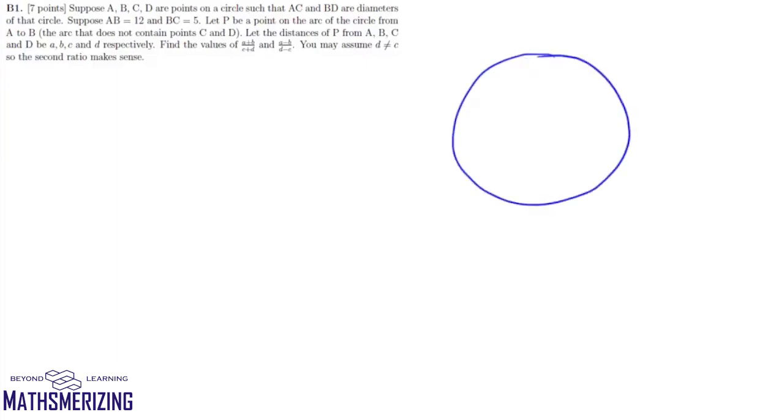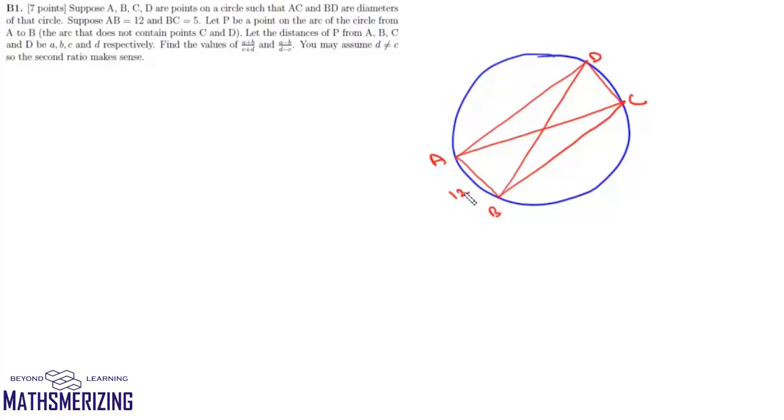So we have this circle, and then we have two diameters AC and BD. So this is AC, and then we also have BD. Now this ABCD is a rectangle because we know that angle in a semicircle is 90 degrees. So it is a rectangle, and it is given that AB is 12. So this value is 12.